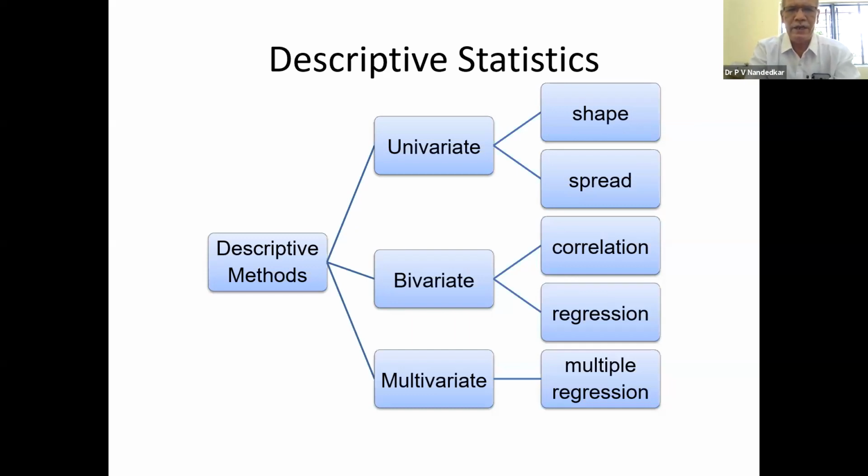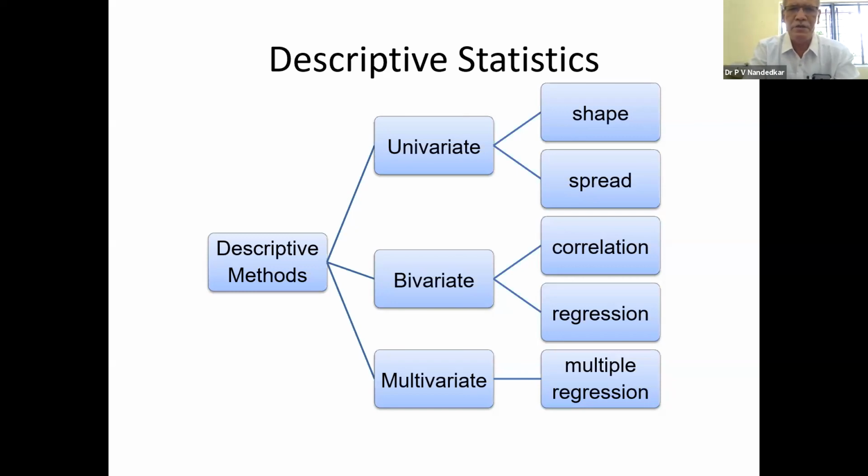Usually when we carry out some experimentation, what we try to describe is the shape of that distribution, and how far it is spread. However, when there are two variates simultaneously under consideration, we call it bivariate analysis. Correlation and regression are very important components of bivariate analysis in particular.